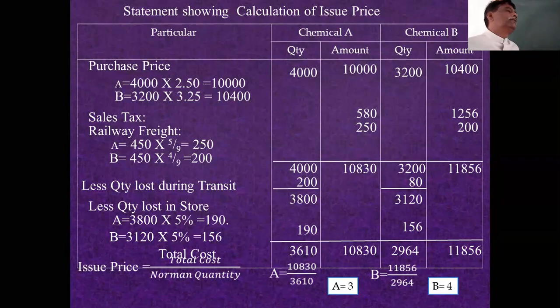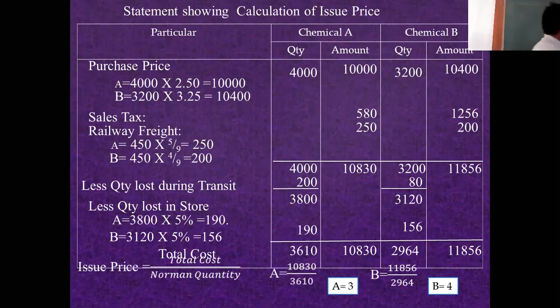In some cases, they add the cost. Instead of deducting this, they add provision, 5% provision. Instead of deducting in the quantity, they add provision in the cost. Okay, provision in the cost.